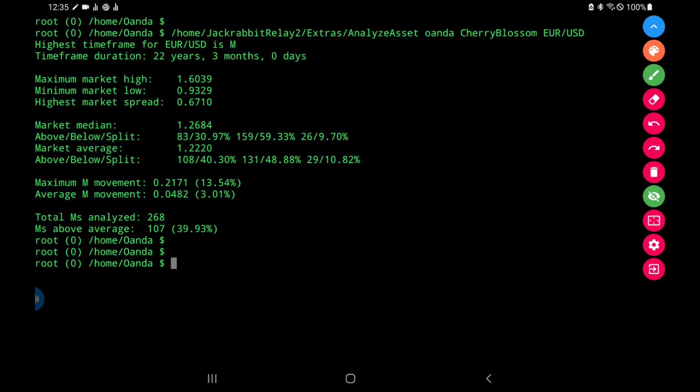And that really is right here. The market has gone above the average movement 107 times out of 268 times. In this case, these represent months. So 40% of the time, the market has gone above its average.